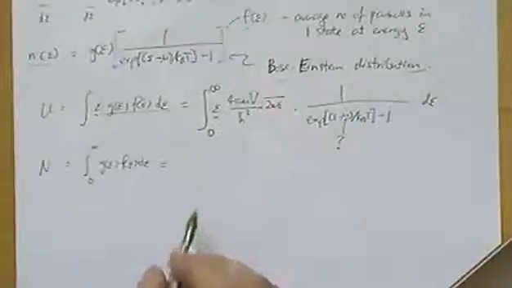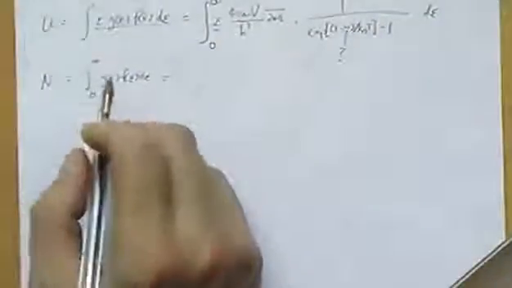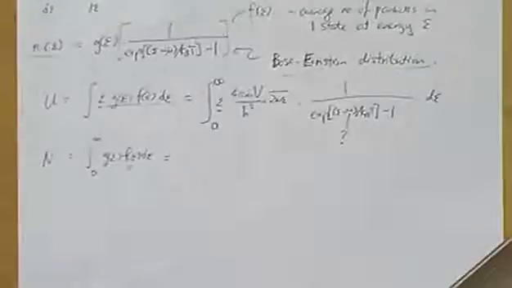So instead of trying to deal with this complex expression, what we could do is look at F(E), look at this Bose-Einstein distribution, and think about what it means physically, and see if it can give us some idea that might help us to simplify the calculation.